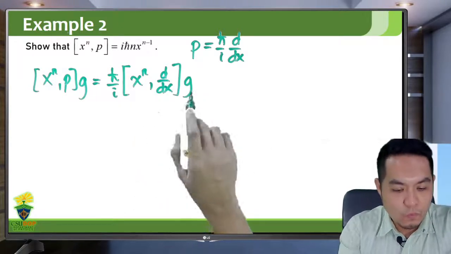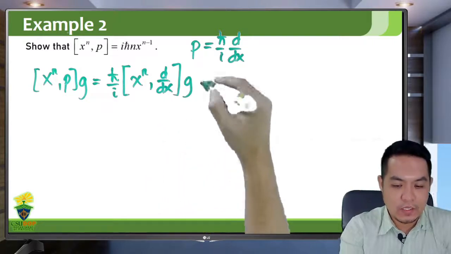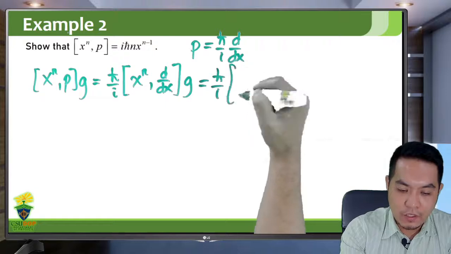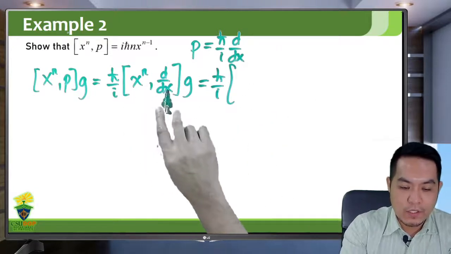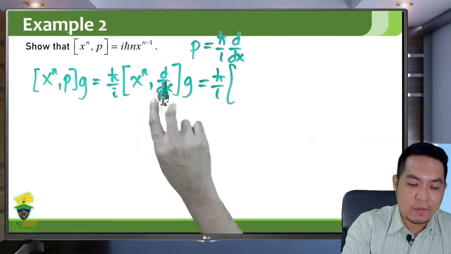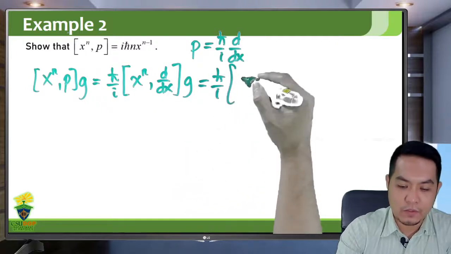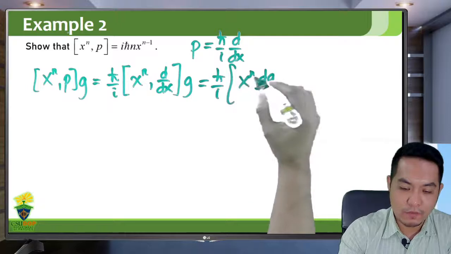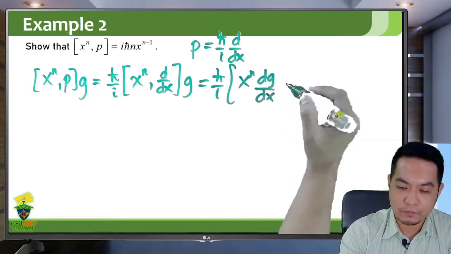So what does this mean? This means that you have h bar over i. The meaning of the first term is x to the n times d/dx acting on g. So the derivative acts first on g, then is multiplied by x to the n.